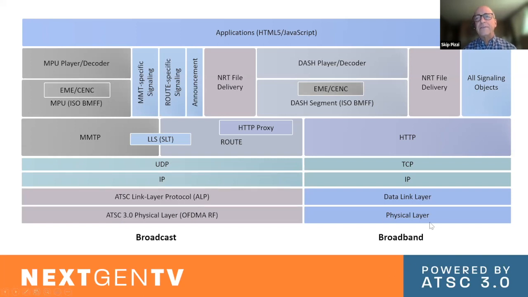Meanwhile, on the broadband side, this is kind of BYO connectivity, just using whatever internet connection is already there, not specified by ATSC, and then straight up TCP/IP with HTTP again. So this is all right off the page IETF and W3C standards.